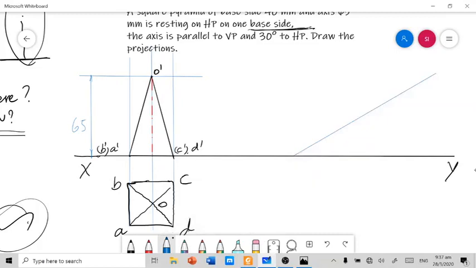With 30 degree inclination, I just drew a pilot line, and here you need to redraw this lateral view in the tilted manner.